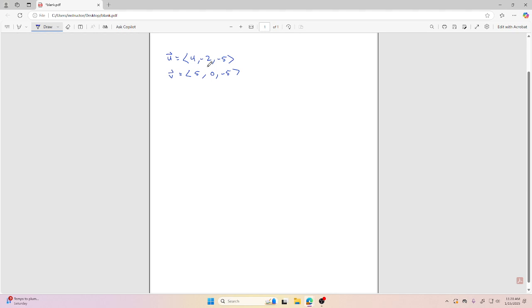It says just find the cross product. So we're finding u cross v. What I do is leave it just like this, do a little cross and underline it, and start filling in each piece.